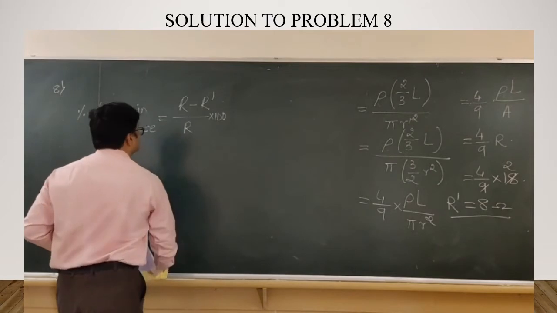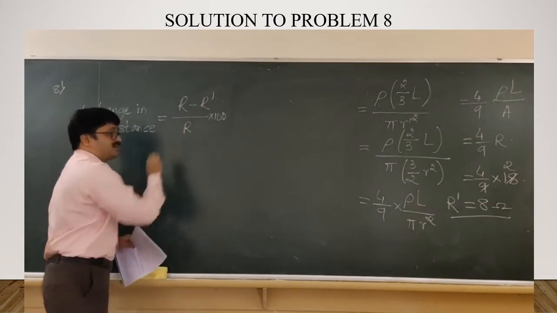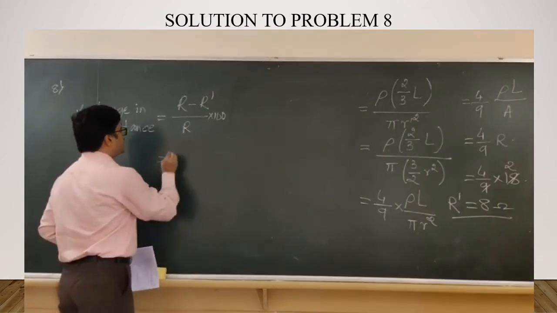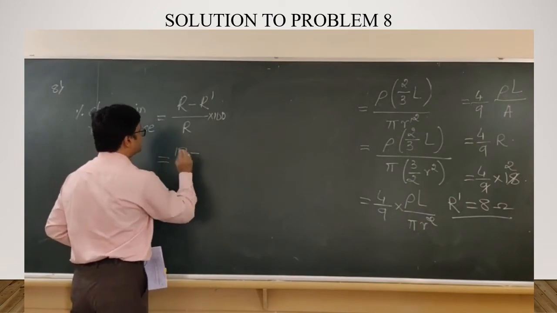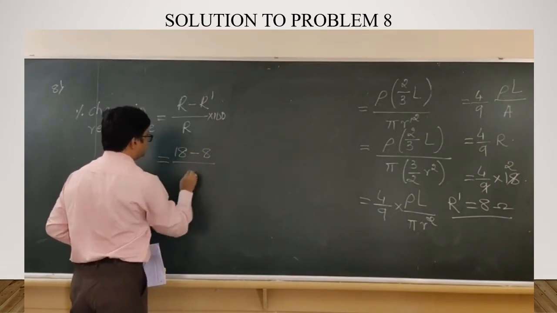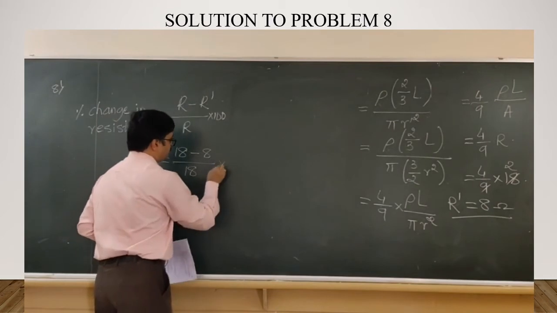Now what is R? R is 18, minus R dash is 8, divided by 18 into 100.